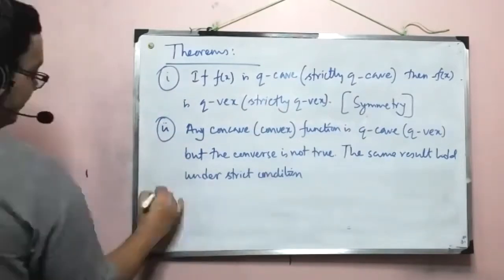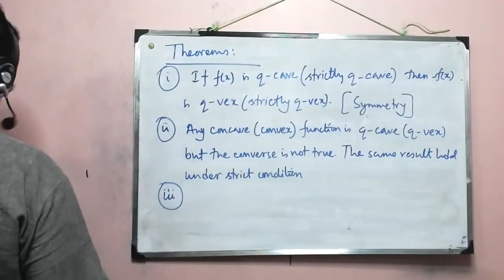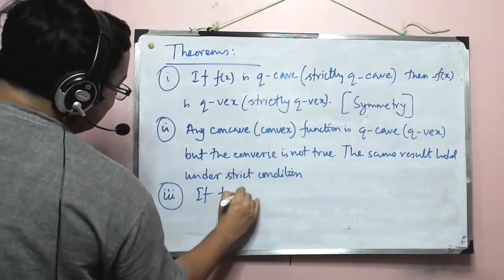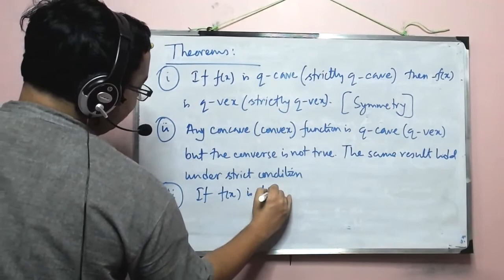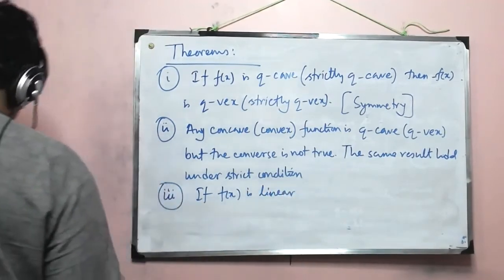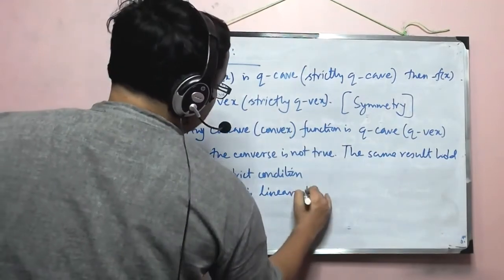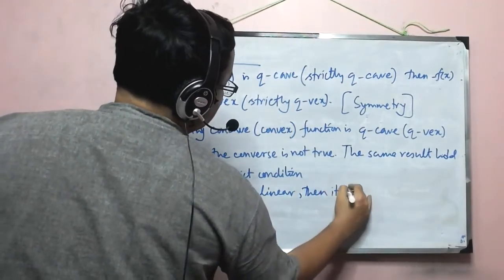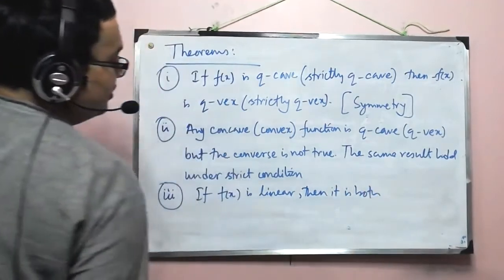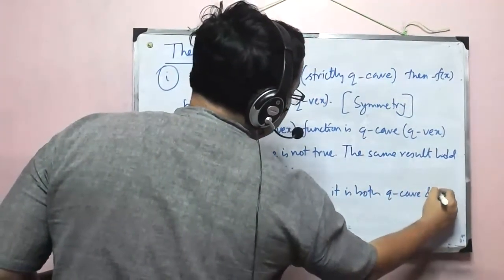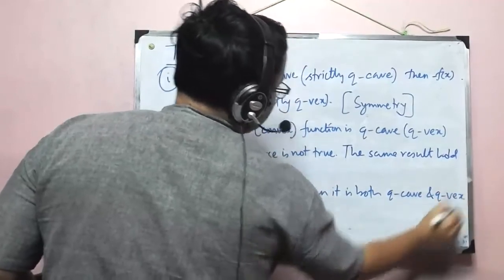And the third one, which is again trivial and something we have talked about, is that if f(x) is linear, that was the third diagram, then it is both quasi-concave and quasi-convex.